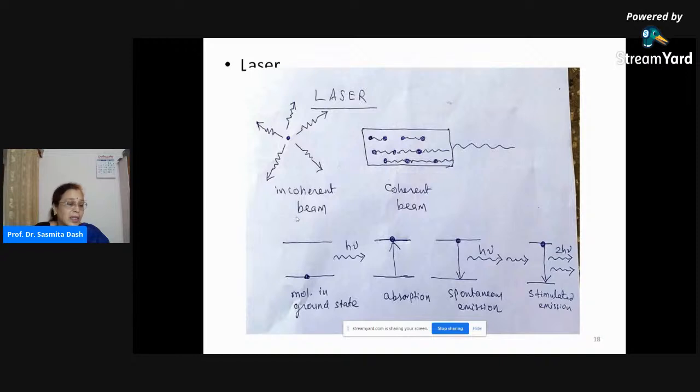For electronic energy states at ordinary temperature, only the ground state is populated. Only the ground state is populated.